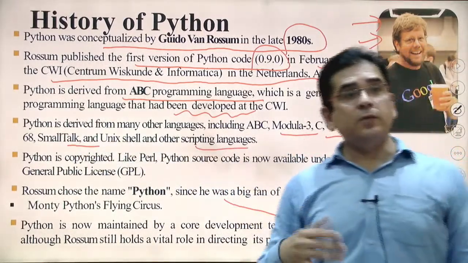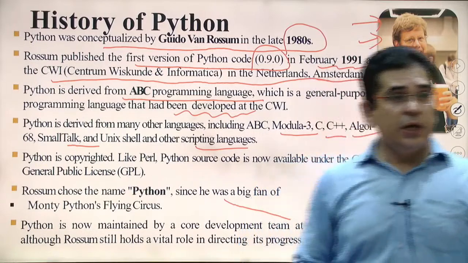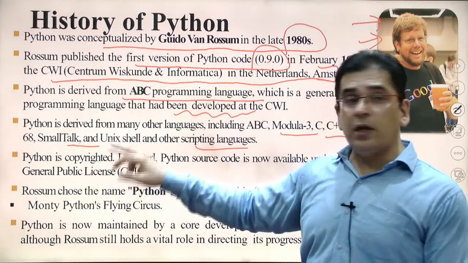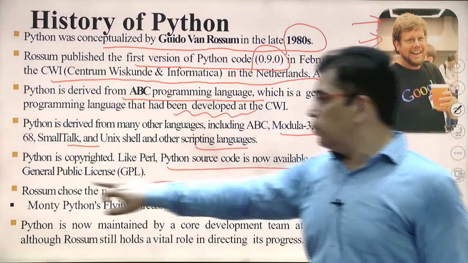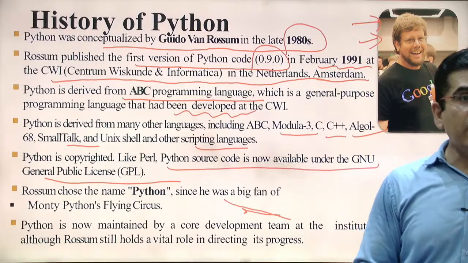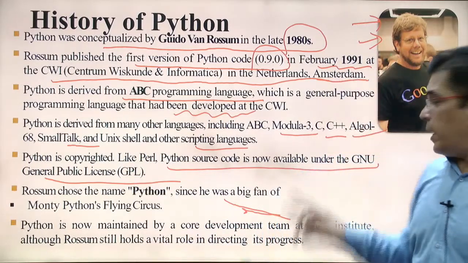So Python has been developed from so many other high-level programming languages. It is copyrighted, but nowadays it is freely available under an open source license. It is now available under the GNU General Public License. So earlier it was a copyrighted product, but now it is available under the GPL, General Public License by GNU.